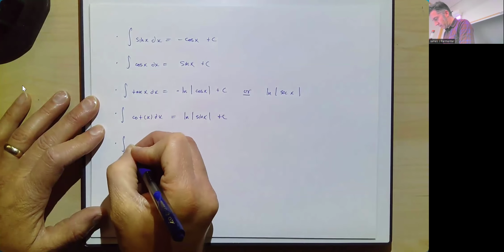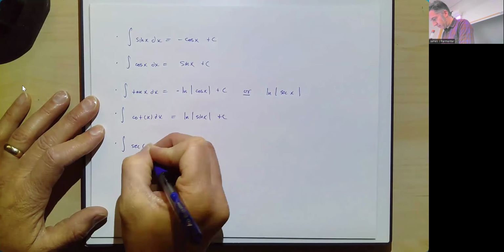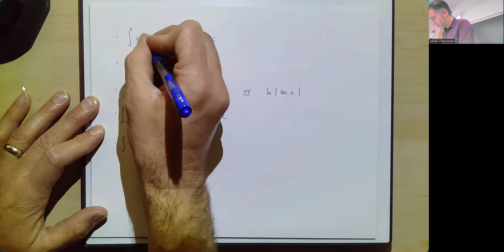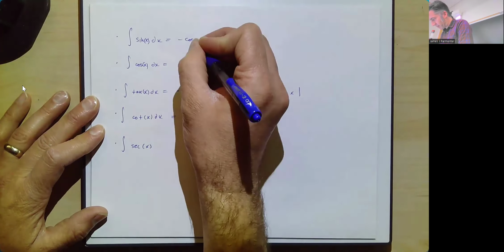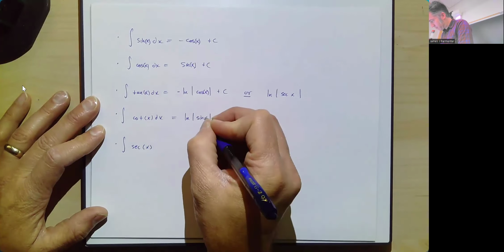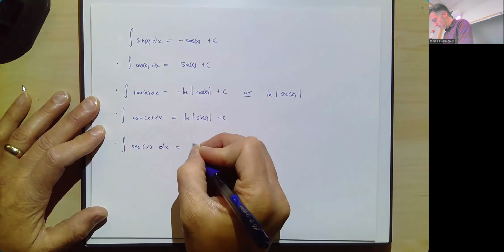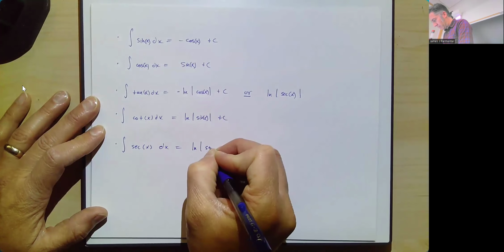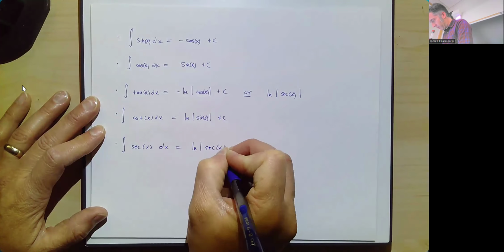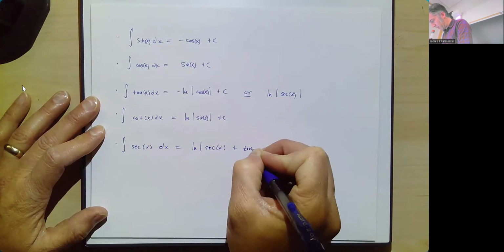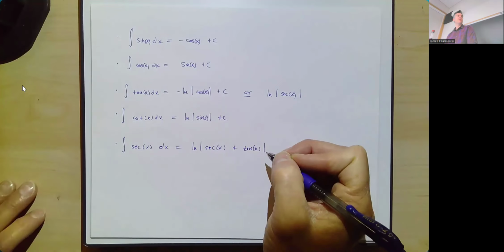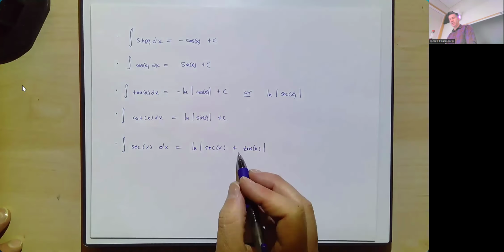The antiderivative of secant of x, sorry, I like parentheses around my x's, is equal to the natural log of the absolute value of secant of x plus tangent of x. I wish they wrote it as tangent plus secant, so that my plus and my t don't look too alike.